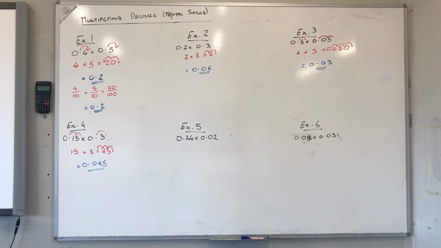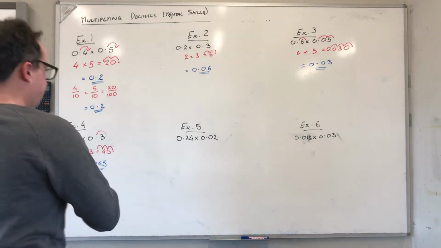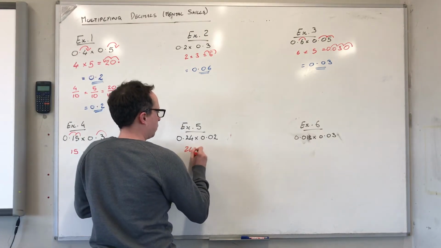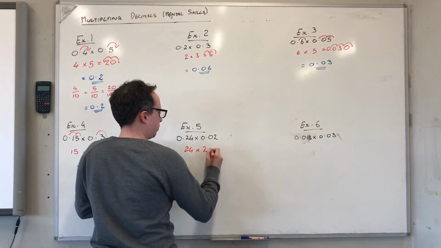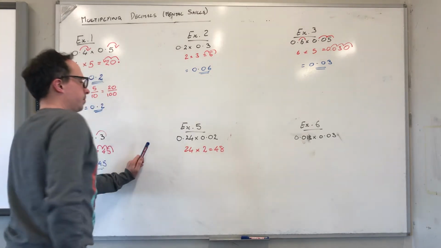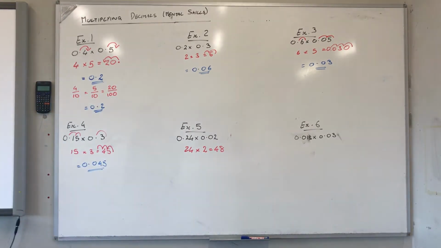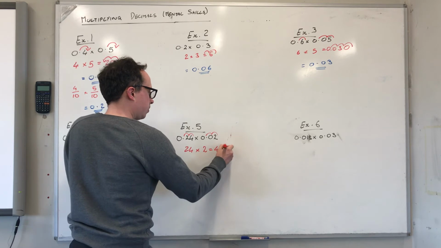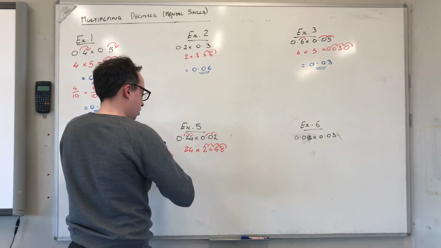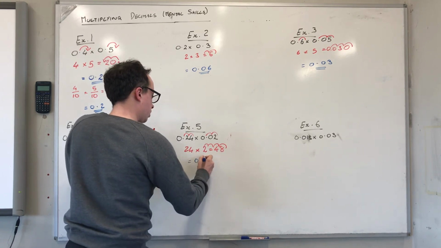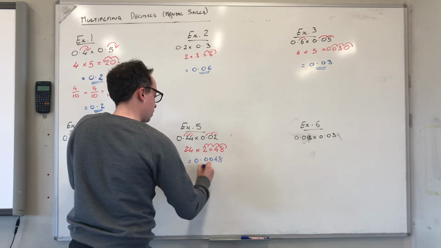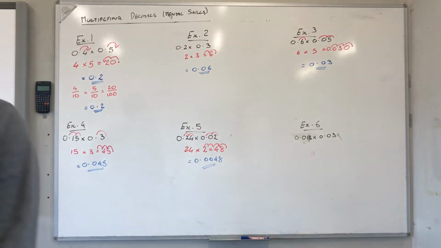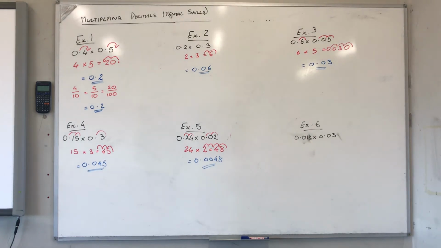And then we've got 0.24 times 0.02. Now this time I had to move to the right 4. And then lastly, I'm going to have to move to the right by 5.